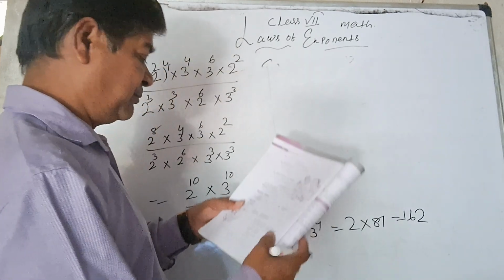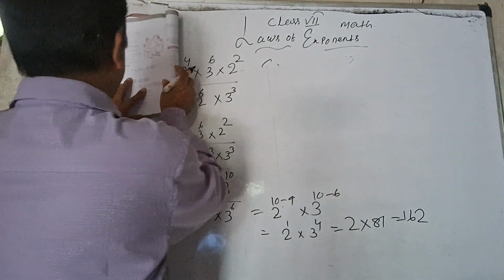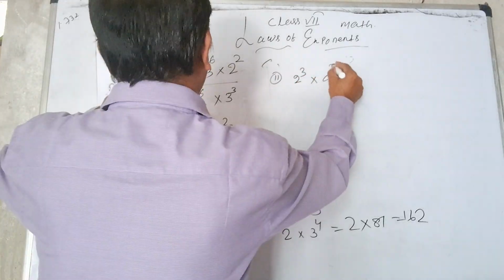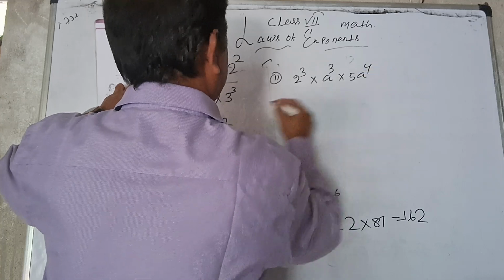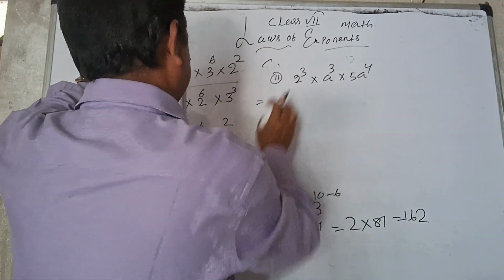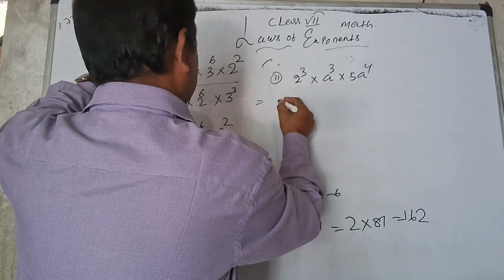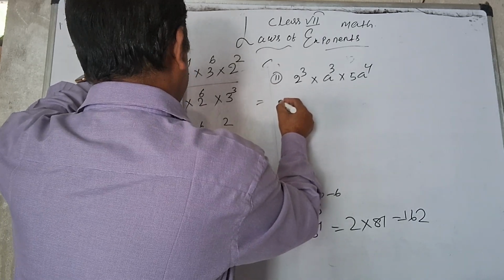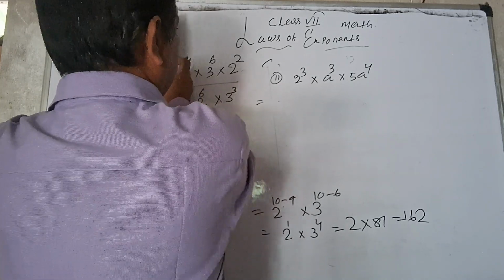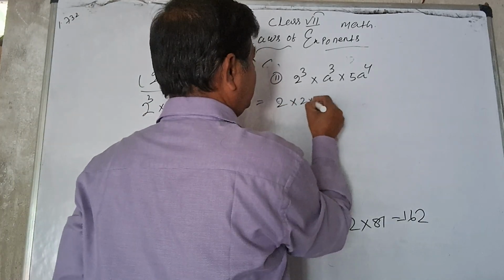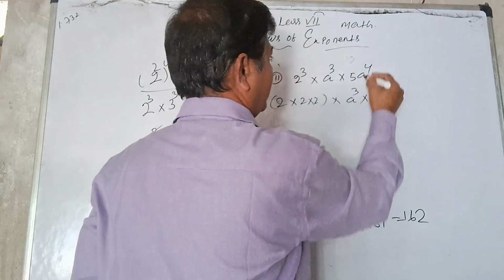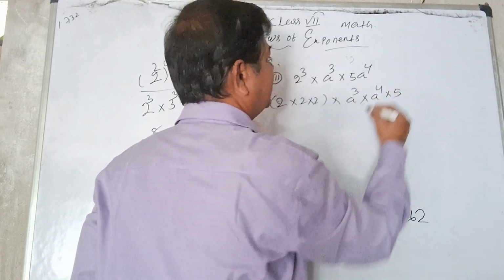Example 12, another question: 2 to the power 3 into a to the power 3 into 5a to the power 4. What will be the answer? Here it is 2 to the power 3, which is 2 into 2 into 2, into a to the power 3 into a to the power 4 into 5.